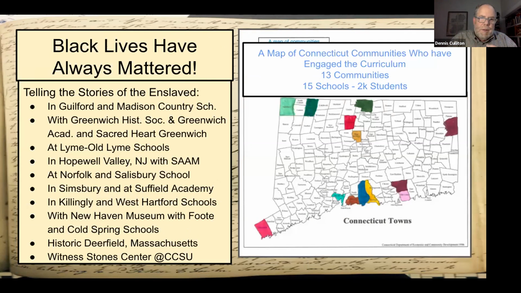We're working in Guilford and Madison, Greenwich Historical Society with Greenwich Academy and Sacred Heart, Greenwich, Old Lyme schools with members of a committee that was formed in Old Lyme to bring the Witness Stones project to their students.